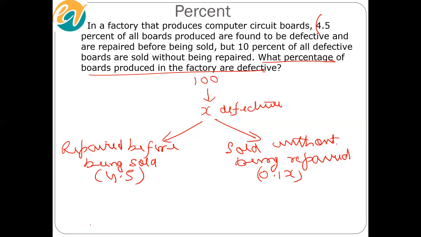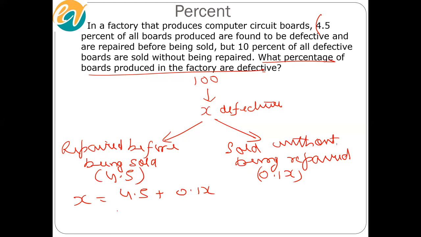But this plus this has to be how much? Obviously X, because these defective boards are either in this category or in this category. So what equation do we have, guys? X is 4.5 plus 0.1X.